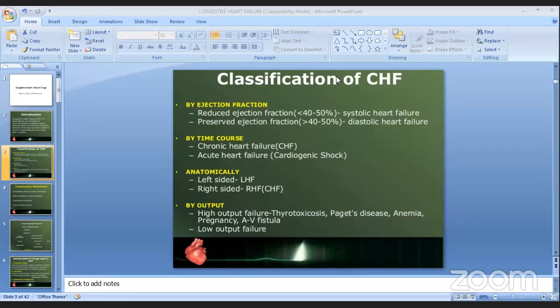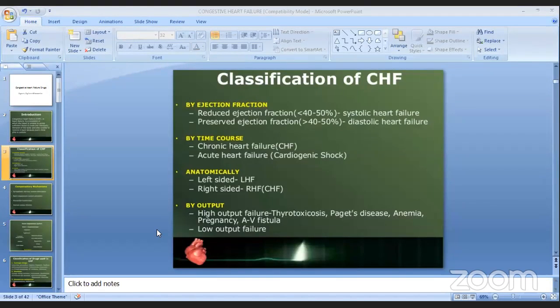There are two types of congestive heart failure: one is chronic heart failure, another is acute heart failure. It can occur on the left side and also on the right side.